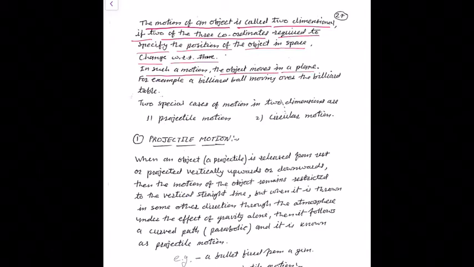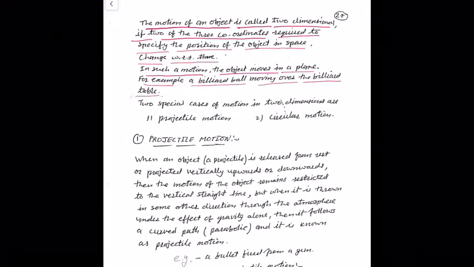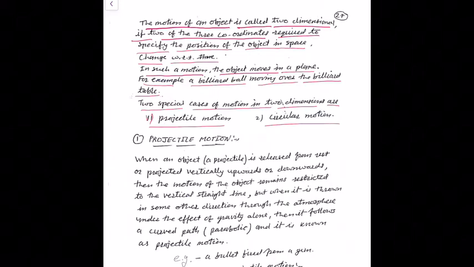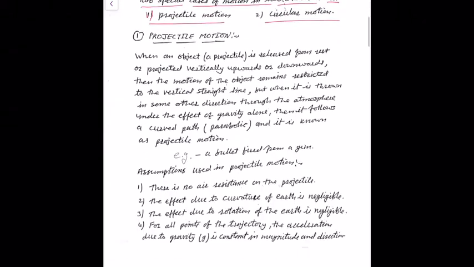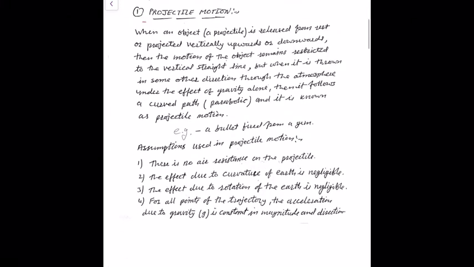In such a motion, the objects move in a plane. For example, a billiard ball moving over the billiard table. Two special cases of motion in two dimensions are first, projectile motion, second, circular motion.